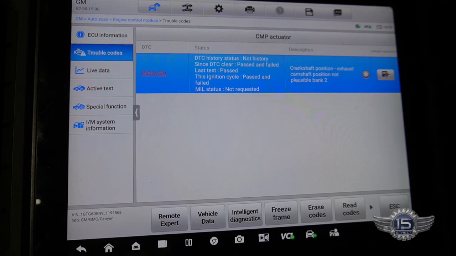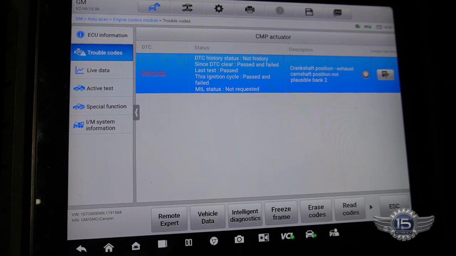So we need to probably road test this thing and record. There's a PID in here called camshaft variation, and it has that PID for each cam, and we can see which cams are out of variance from the desired to the actual, and it gives you a degree PID.